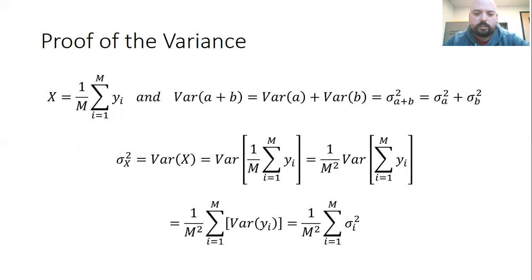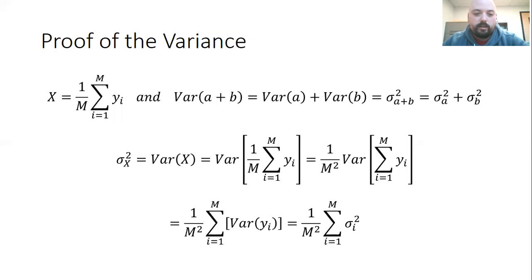So just to show the proof of the variance that I described above. Also, we would need the variance of two added independent variables as well, which gives us the variance of each independent variable separately.